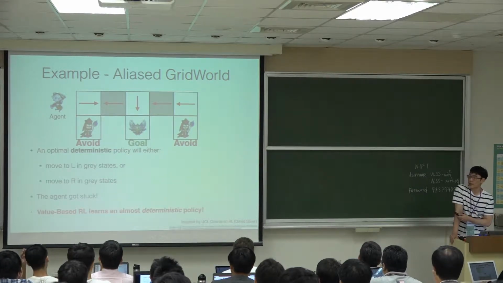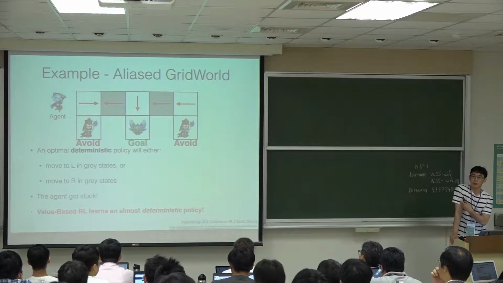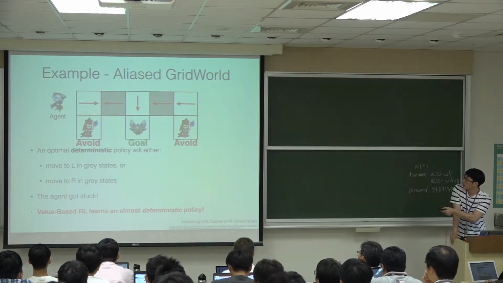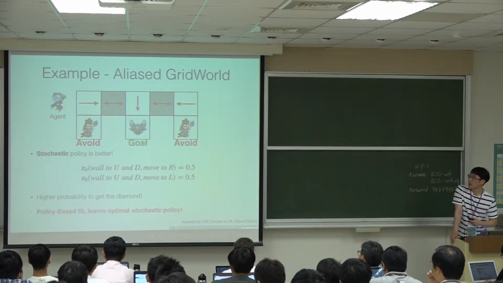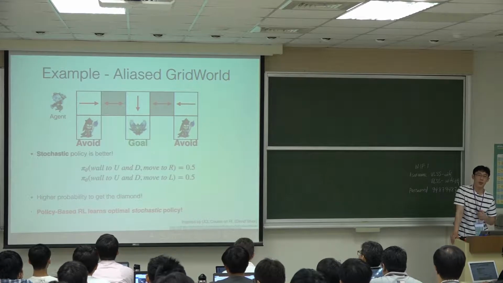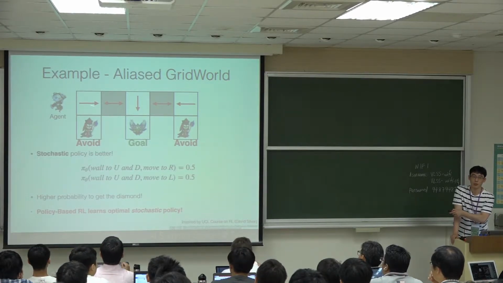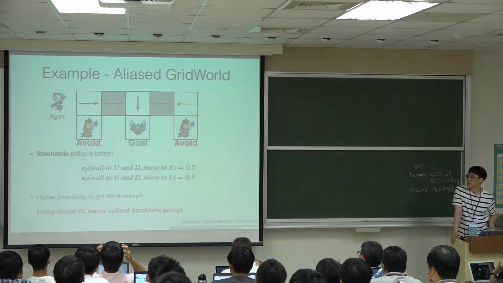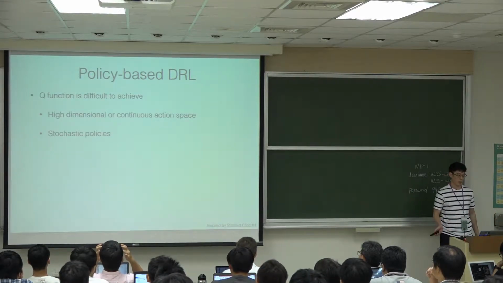If it's deterministic, the problem is you will just keep moving to the left and right, and you will get stuck in between, because of the non-stochastic property here. Whereas in policy gradient, a policy-based approach, you will have some probability to move to the left and some probability to move to the right. So even if you move to the left, you will come back and move to the right based on sampling. So that's one of the advantages of training a policy-based approach.